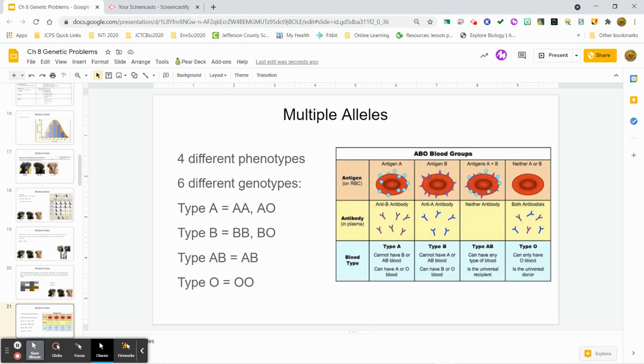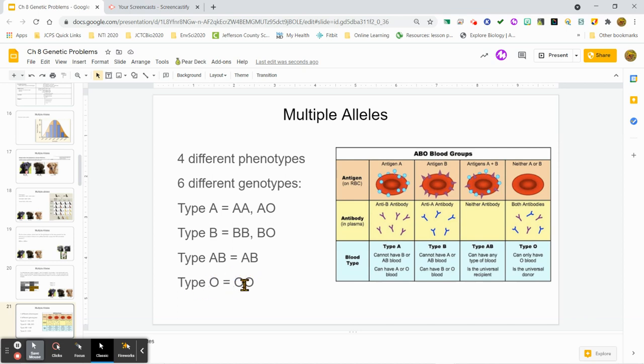All right, so these are multiple alleles, and this is blood type. So you can have blood type A, B, AB, or O. And these are the phenotypes here, right? But you can have 6 different genotypes. So for type A, you can have AA or AO. Type B, you can have BB or BO. Type AB is just type AB.